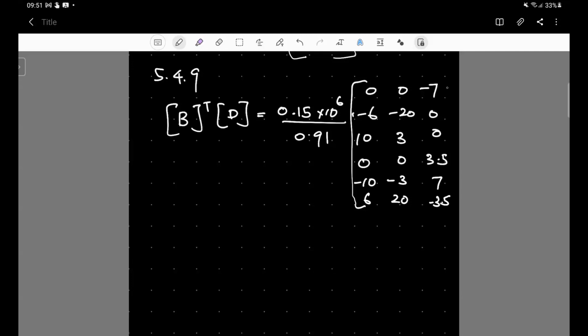In such cases, it's really convenient to take out the common factors wherever possible so that your hand calculation becomes simplified. So now we have obtained the B matrix, D matrix, and of course the multiplication B transpose D.